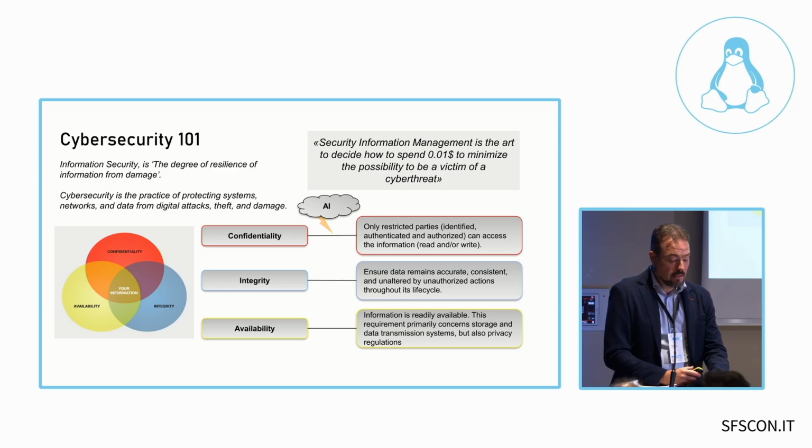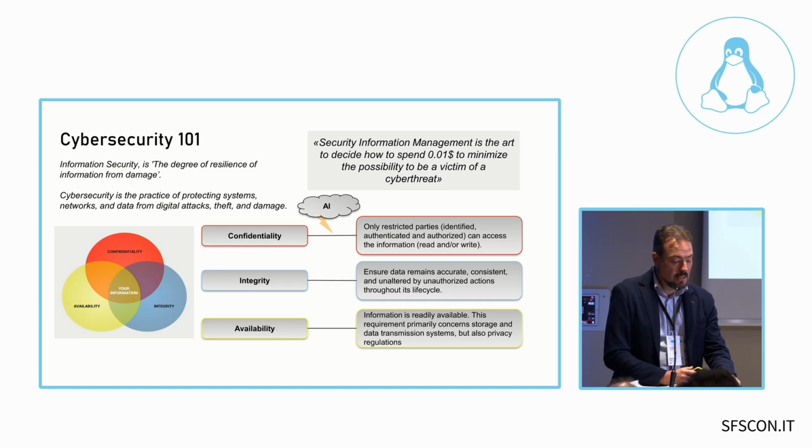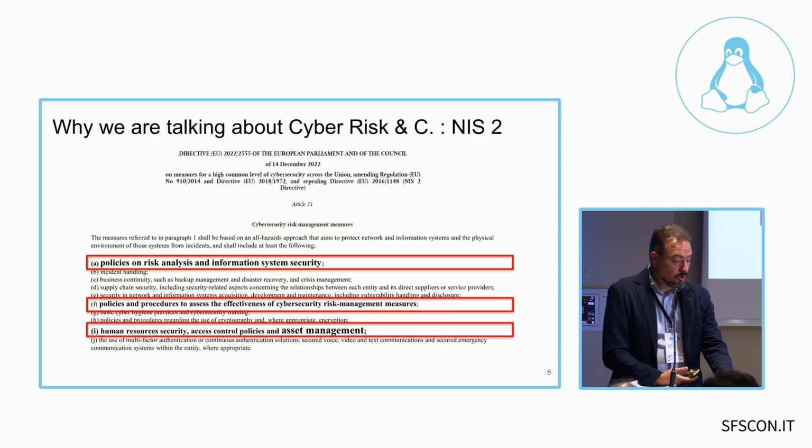And in Exprivia, we say that in reality, security information management is the art to decide how to spend one cent to minimize the possibility to reduce the risks, to reduce the probability to be a victim of an attack or a cyber threat. So we are talking about these arguments because of these two.